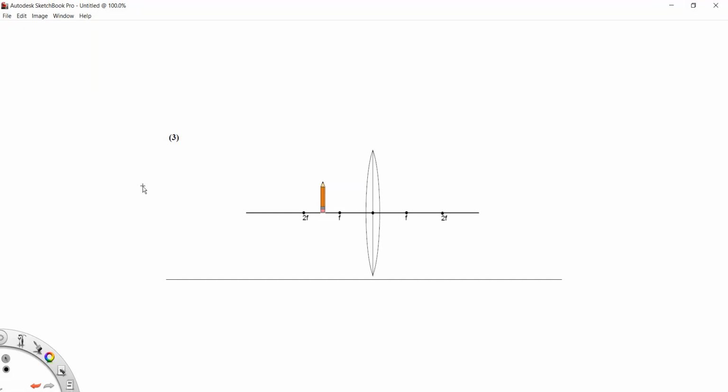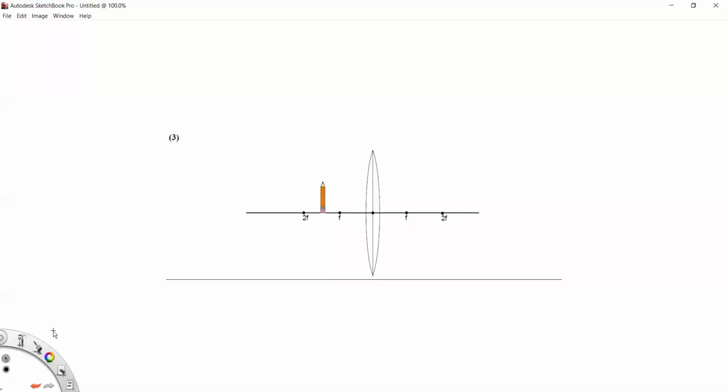Between F and 2F. Any ideas where the image would be? Beyond 2f. That's great, because this is exactly the reverse of what? Case 1. Yes, excellent. Where the object was originally beyond 2f and the image was between f and 2f. So this is how a lens works.